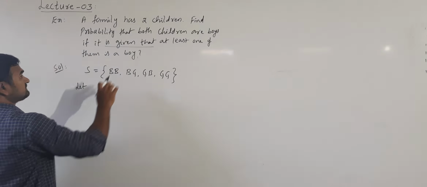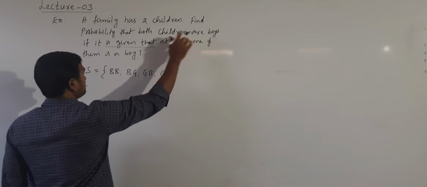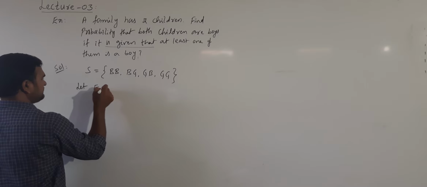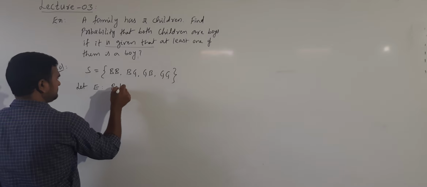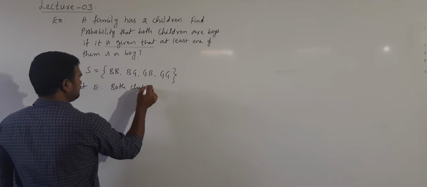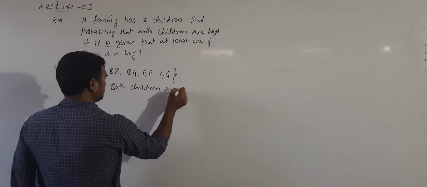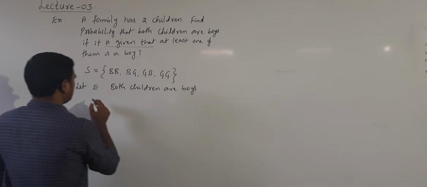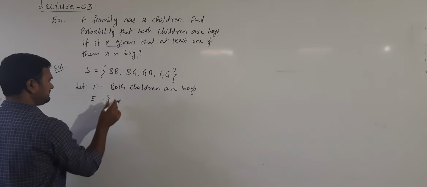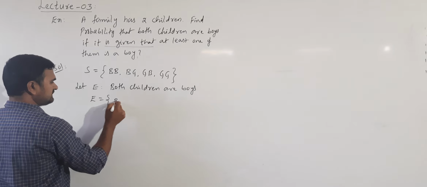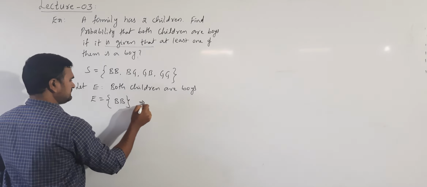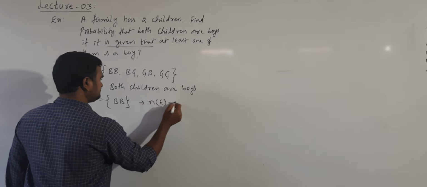I will take it as the first event: find the probability that both the children are boys. Suppose E is the event of getting both children boys. What will be the elements of E? Both are boys means only one case. So n of E is 1.